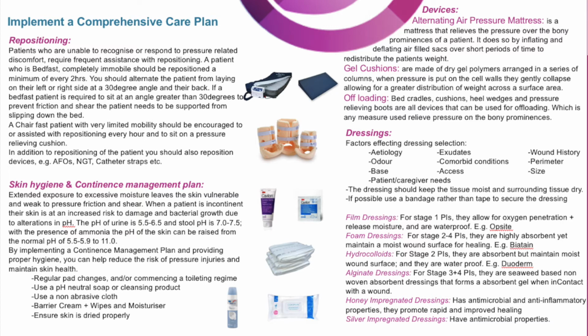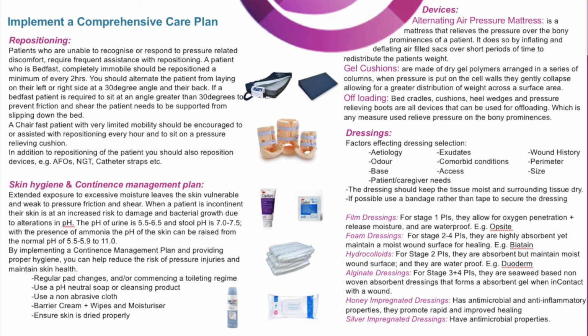A chair-fast patient with very limited mobility should be encouraged or assisted with repositioning every hour and to sit on a pressure-relieving cushion. In addition to repositioning of the patient, you should also think about repositioning devices, so AFOs, nasogastric tubes, catheter straps, and so on.